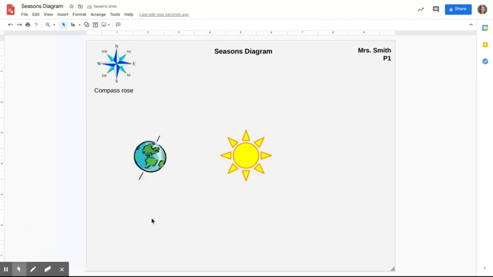We are going to draw the earth and how it rotates. So you need to draw the earth along with its tilted axis. So this axis is tilted about 23 degrees. And then I've drawn a red arrow here to show you which direction the earth rotates.